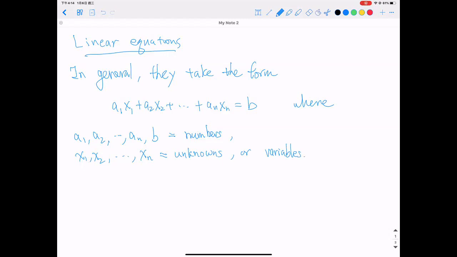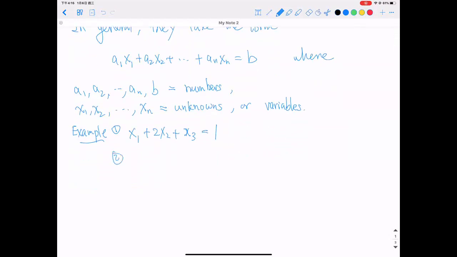Okay. Now, for example, we could have x1 plus 2x2 plus x3 equals 1. That's a linear equation.